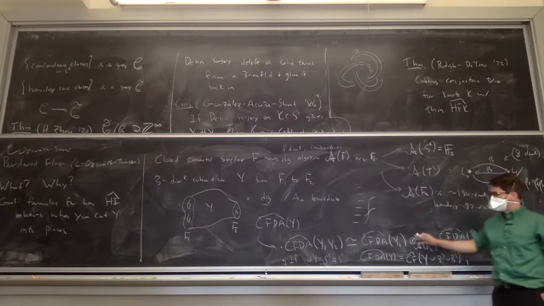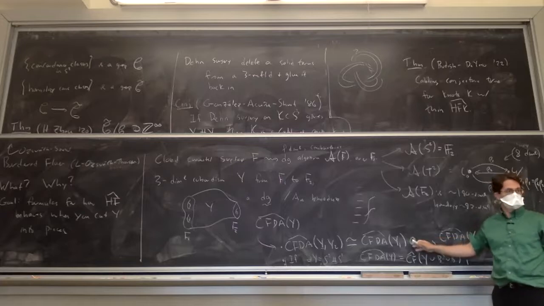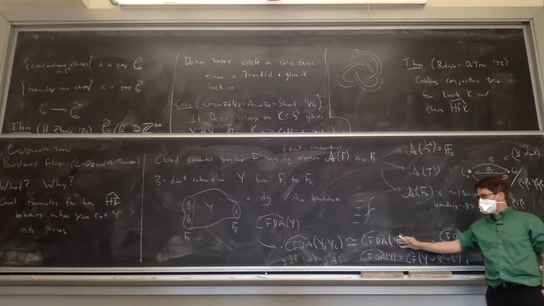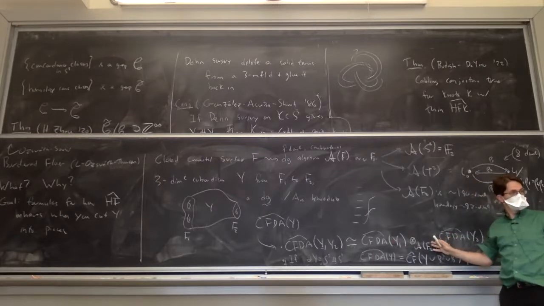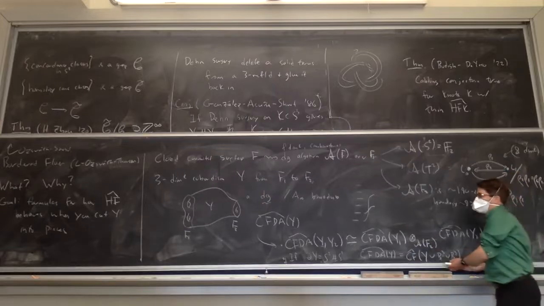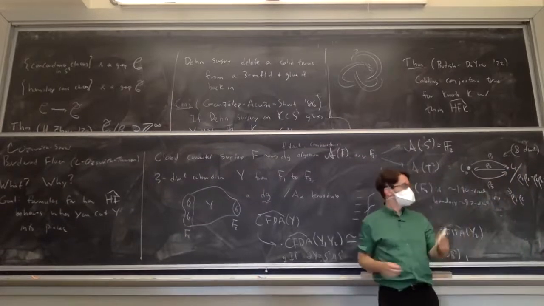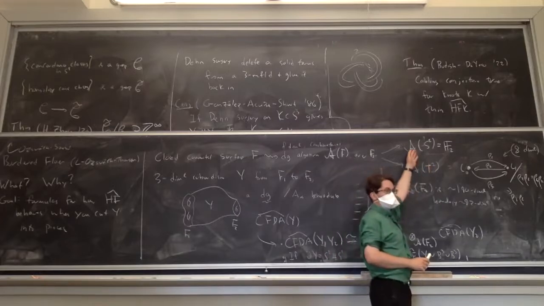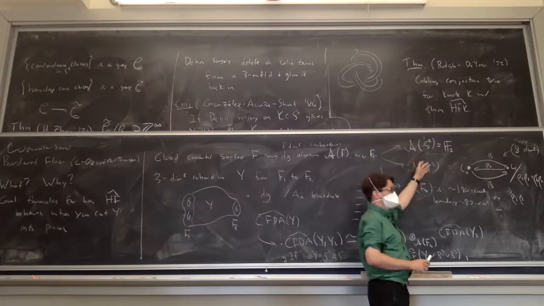So these two properties say that it really does compute CF hat by cutting into pieces. You take your three-manifold, you cut it into pieces. For each piece there's a bimodule. You tensor them all together to get the CF hat for the closed thing. Trivial, no differential in either of these cases. So just 0.